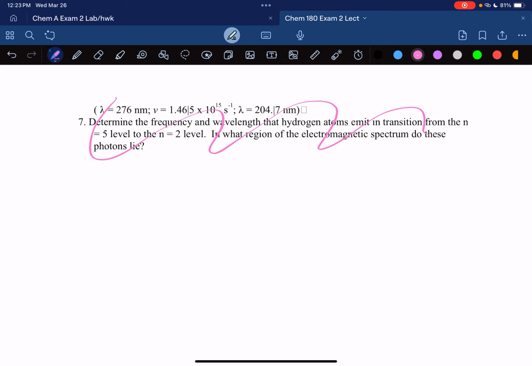So the equation we use is: the photon energy, the incoming light energy, must equal, first, enough to dislodge the electron, the binding energy.